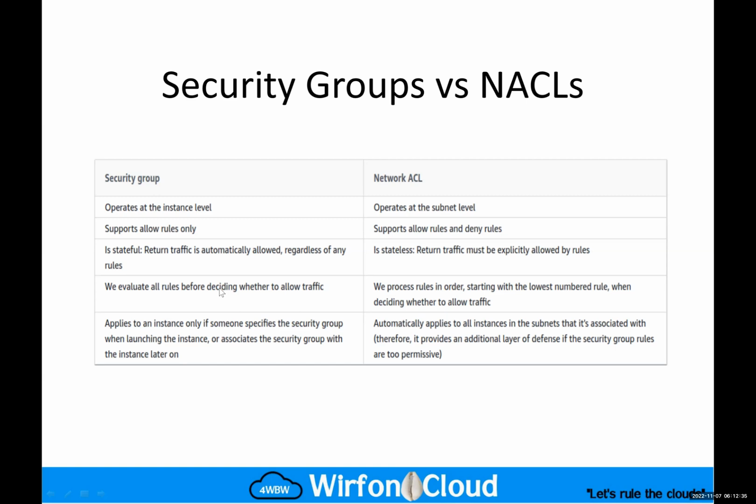But in NACLs, the rules are processed from the smallest number to the highest number. As soon as a rule that says this request is allowed or denied is found, the request is processed accordingly, and higher-numbered rules are not processed. So NACLs process rules only as long as they have not found the one that matches that particular traffic.